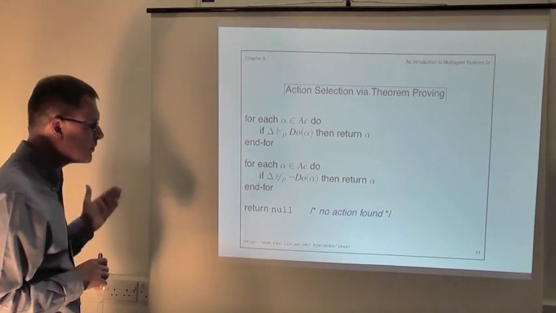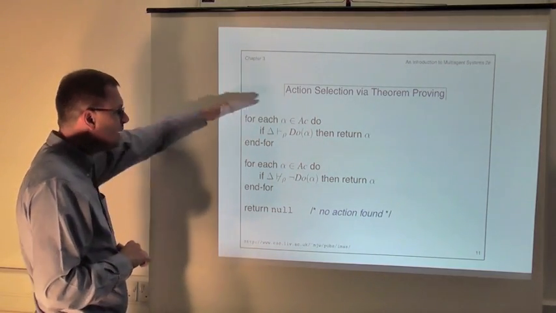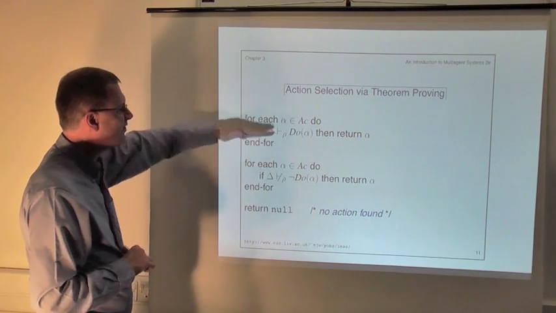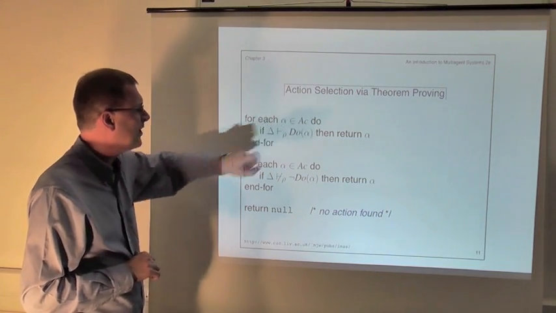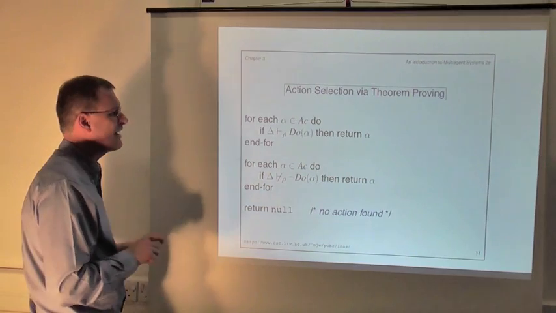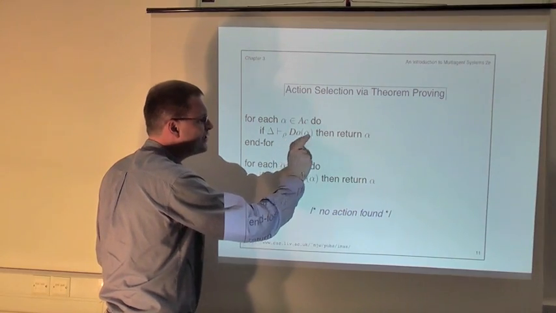Let's see the actual decision-making loop that we're suggesting here. So roughly speaking, what we do is we consider each possible action in turn, each possible action in the overall set of actions. And we try to prove this predicate do alpha.